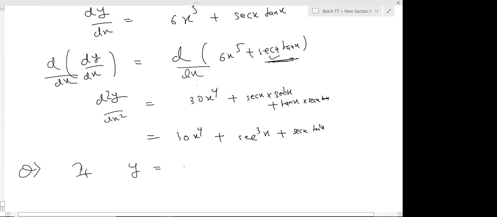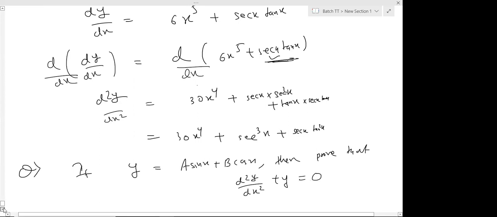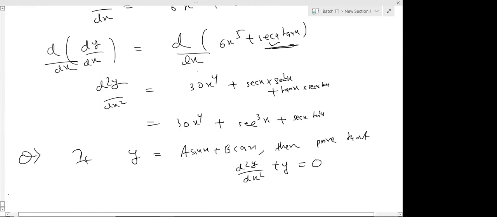If y equals a sin x plus b cos x, then prove that d square y upon dx square plus y equals 0. All right. Most of the time in this type of question, you will always get a proof. So you don't need to think a lot about this.